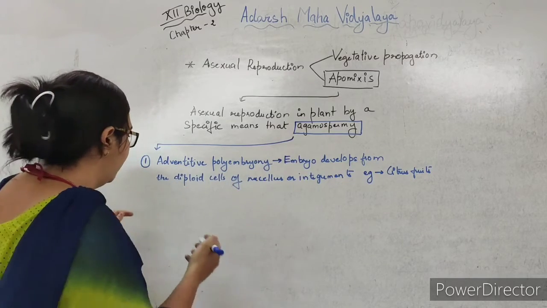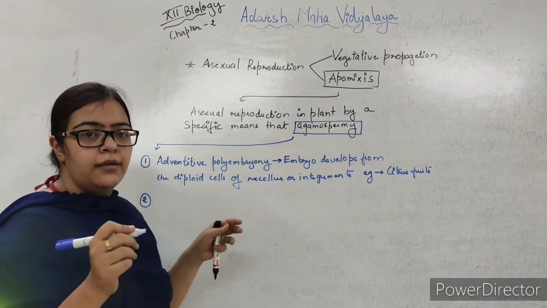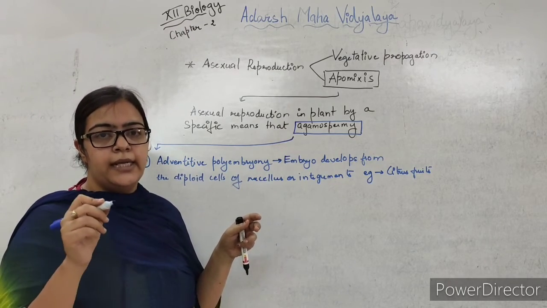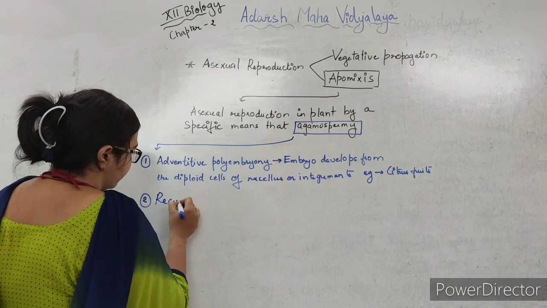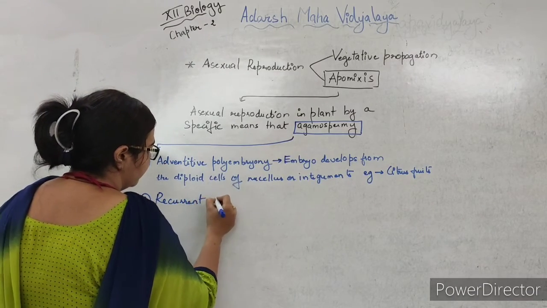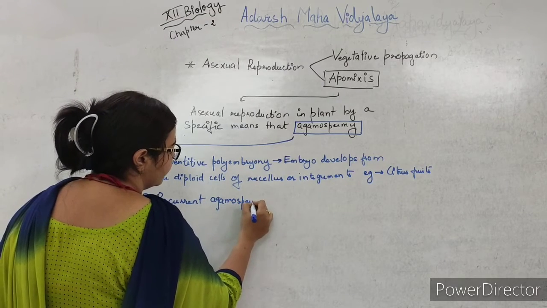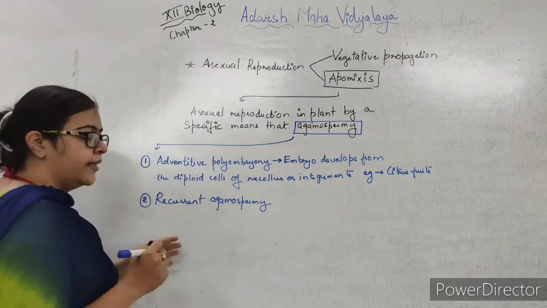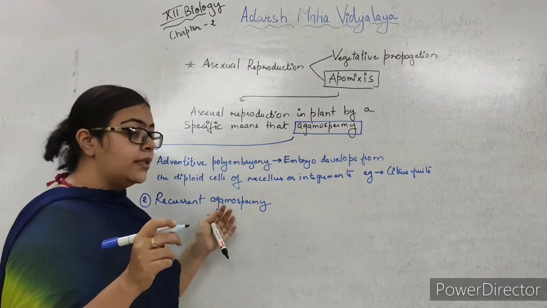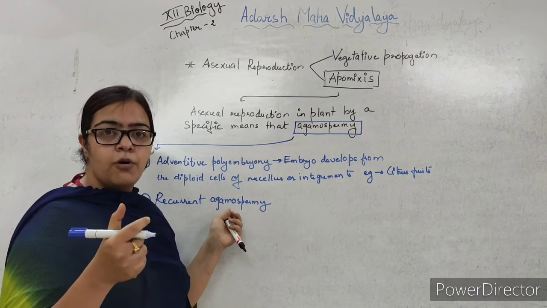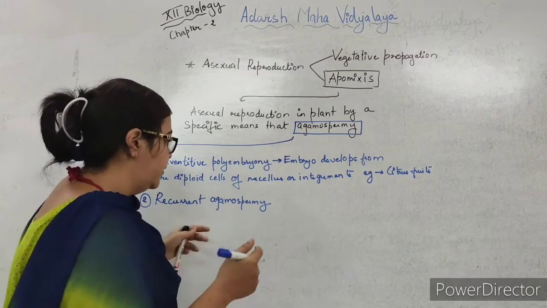Okay. The second one is recurrent agamospermy. Here the embryo is formed from the diploid mother cell, that is MMC.